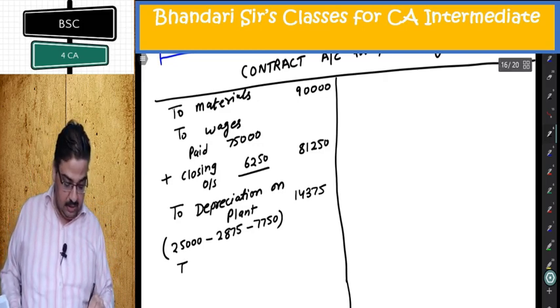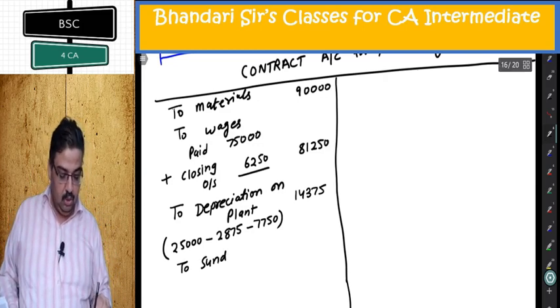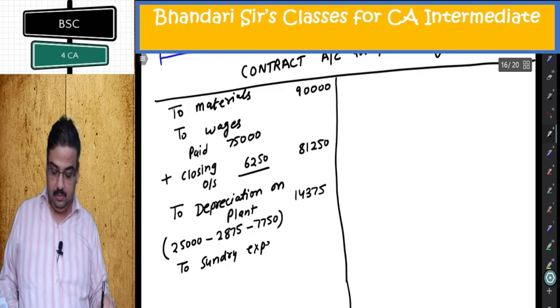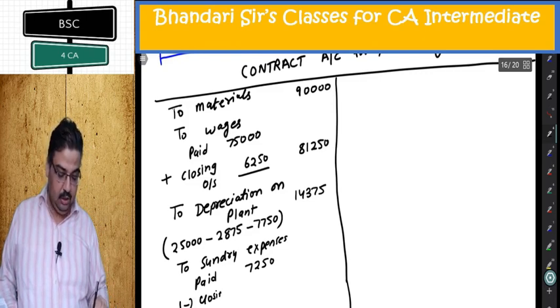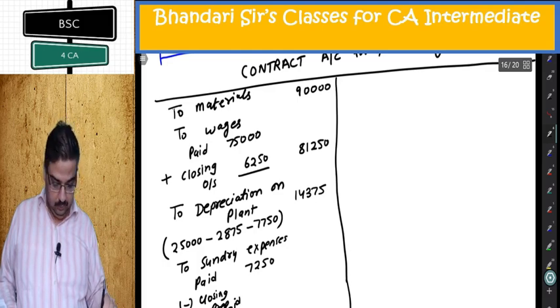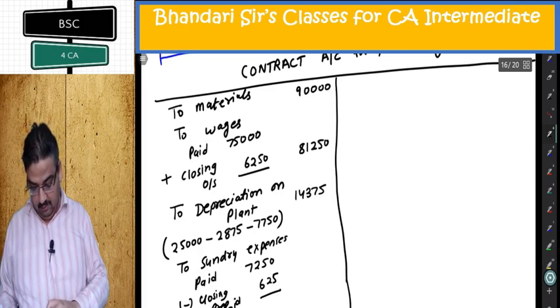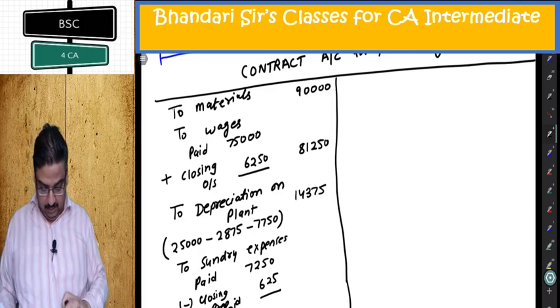Then sundry expenses. To sundry expenses. Paid 7250 minus closing prepaid. This is 625. 7250 minus 625.